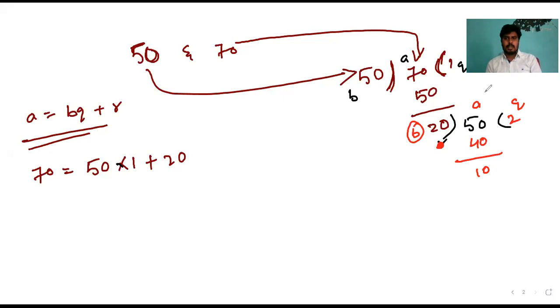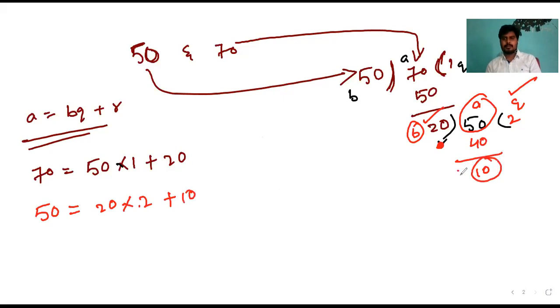Again we shall apply this. 50 is equal to 20 into 2 plus 10, where 10 is the remainder R. Yes, we further continue like that only.